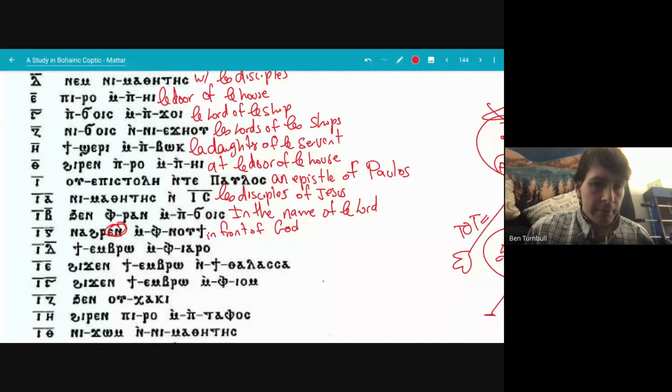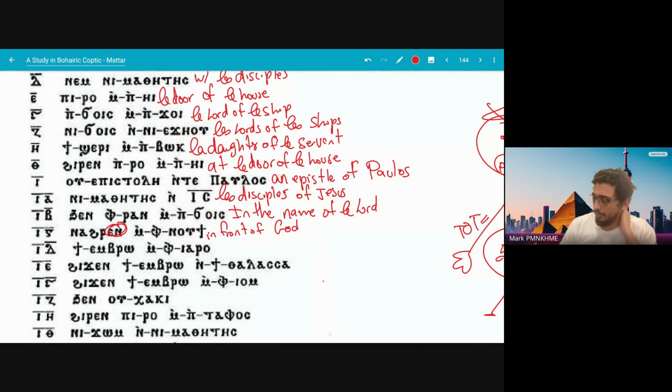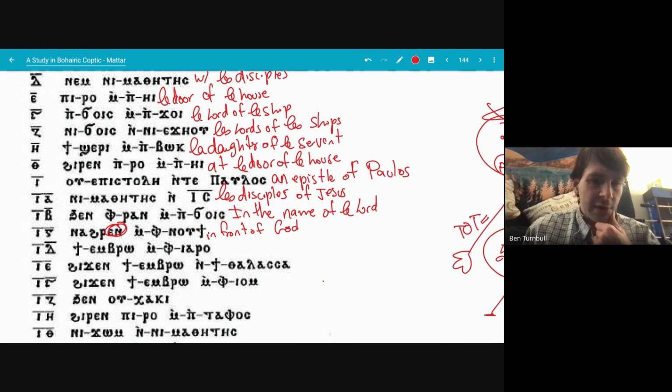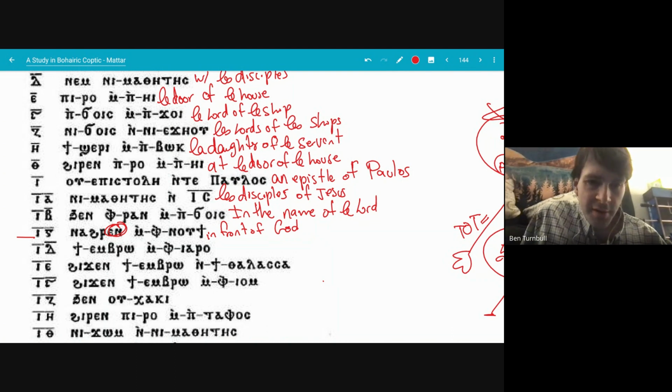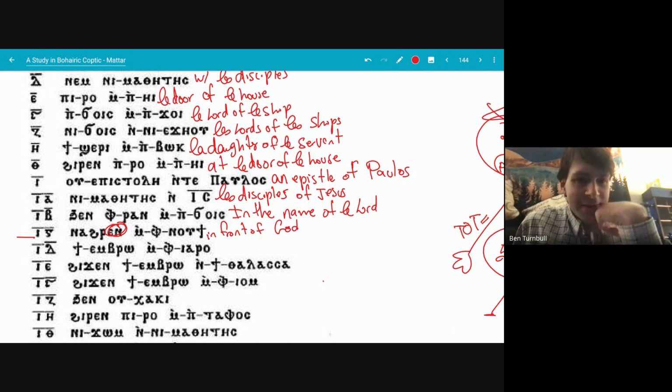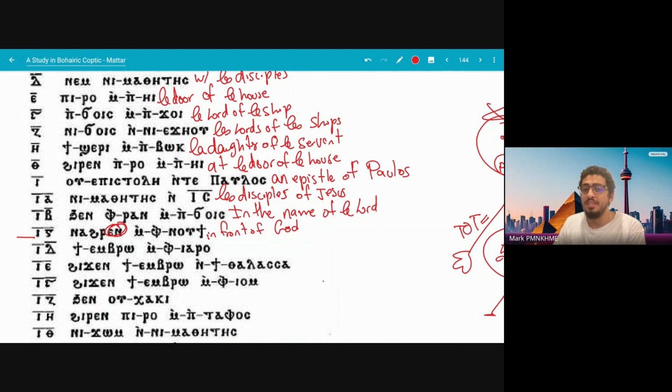All right. And then T Embro. M Payaro. Okay, vocab. What's Yaro? I know it's of the something. I don't think it's river. It is river. No, Yaro is in Sahidic.